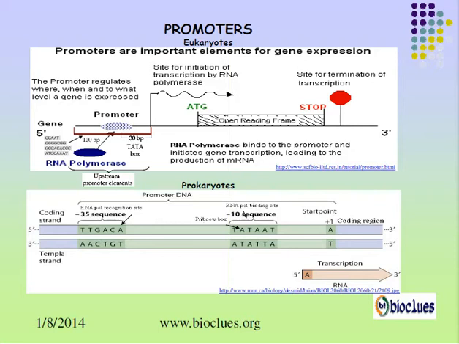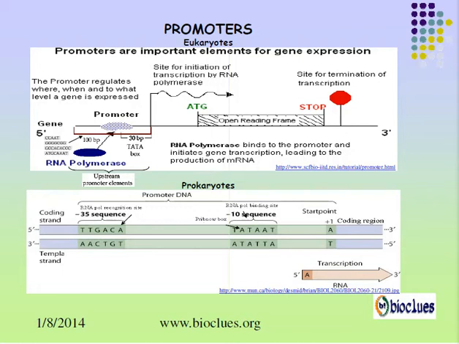They're about 100 to 1000 base pair long, and in prokaryotes, we have the promoter region at the -10 sequence, which is called the Pribnow box, and at the -35 sequence, where the RNA polymerase recognizes and binds. In eukaryotes, we have this region at the 30 base pair TATA box and the 100 base pair region, the promoter region where the RNA polymerase binds.